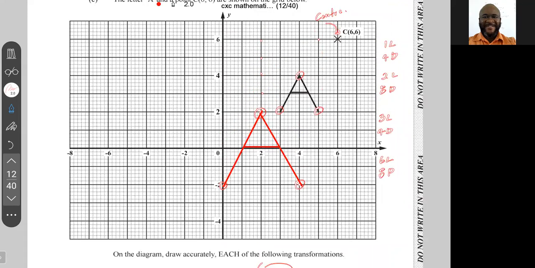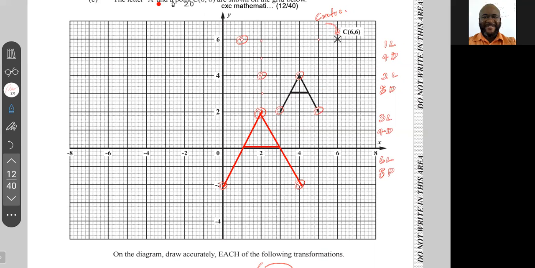I'm going to move it one vertex at a time. The top one, 1, 2, 3 units to the left, 1, 2 up. This is the new position of the top of A. Then this end point to the right, 3 units to the left, 1, 2, 3, and 2 units up, 1, 2. New position here.